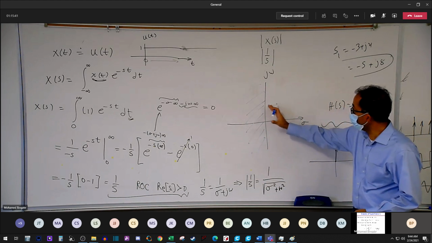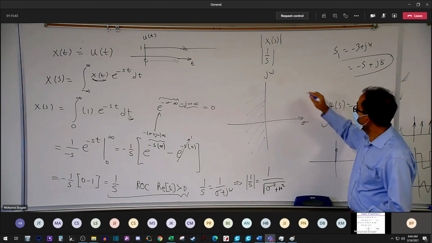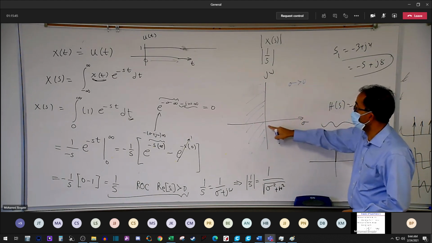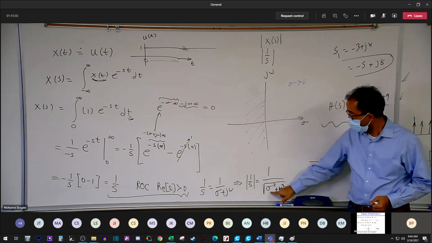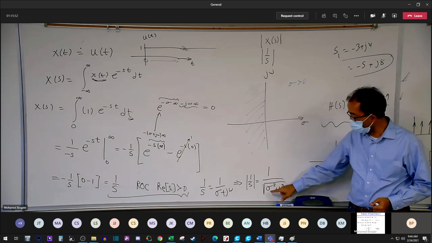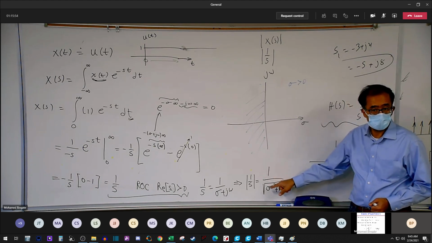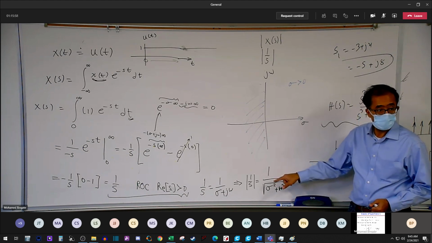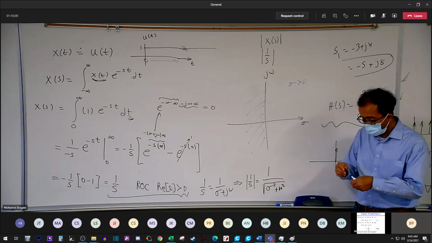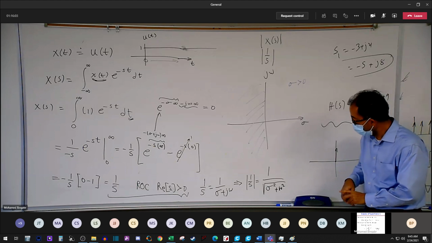The region of convergence is only here, because sigma has to be larger than 0. Now, if I plot these, as sigma gets larger, this quantity gets smaller. And as omega gets larger, this quantity gets smaller. So if you plot this using MATLAB, you will get a plane.